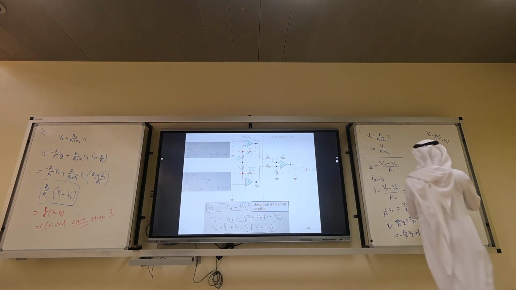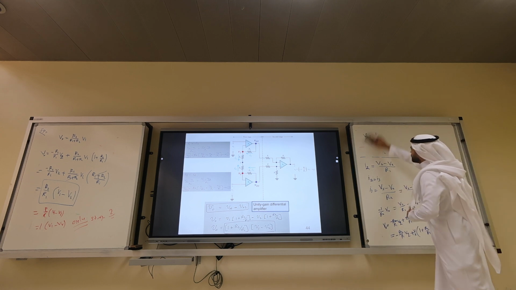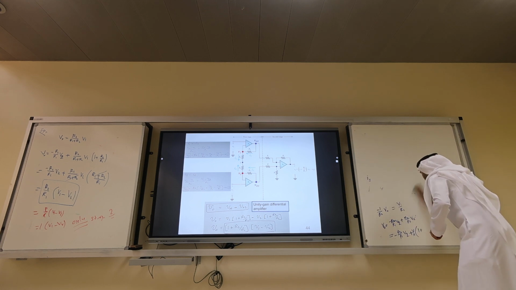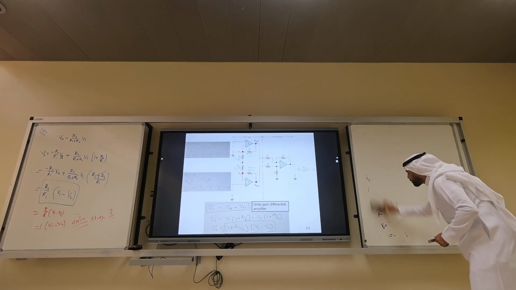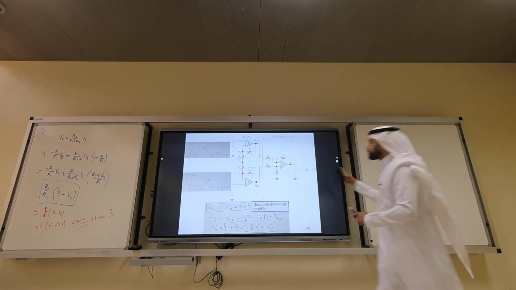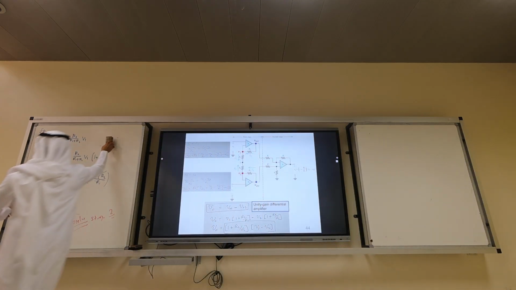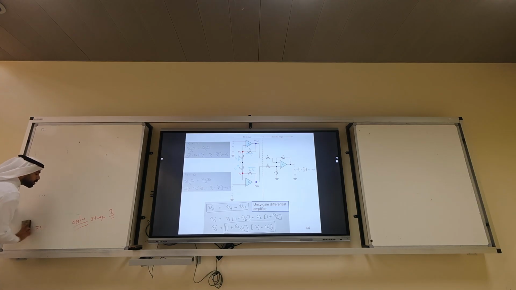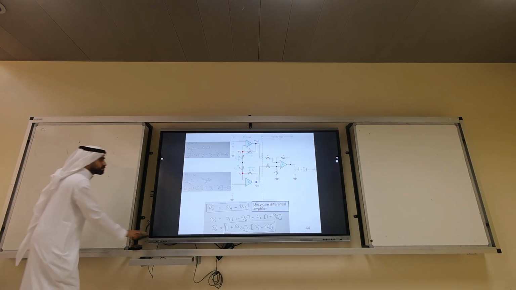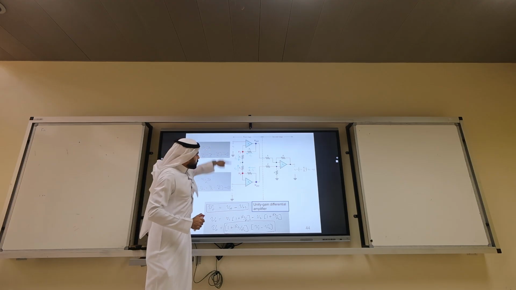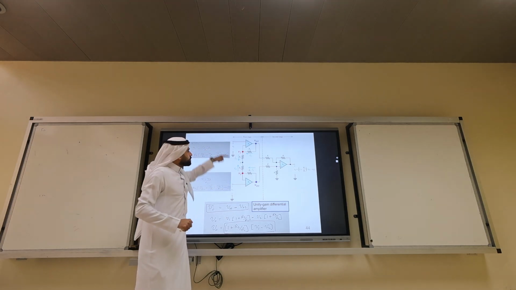Let me erase the board. So an instrumentation amplifier is the one that is implemented in the field, and it is standardized with these 2 stages. So for the first stage, we have both non-inverting inputs.